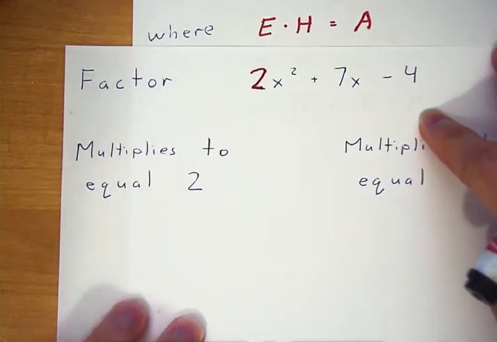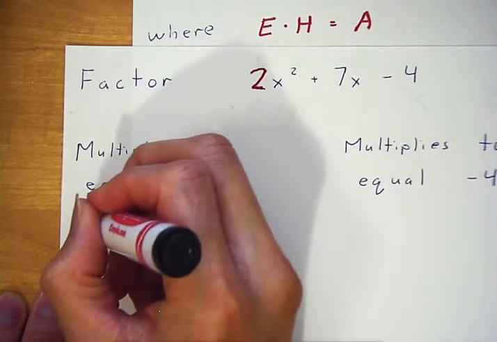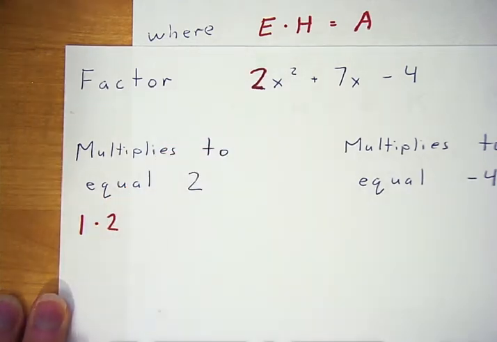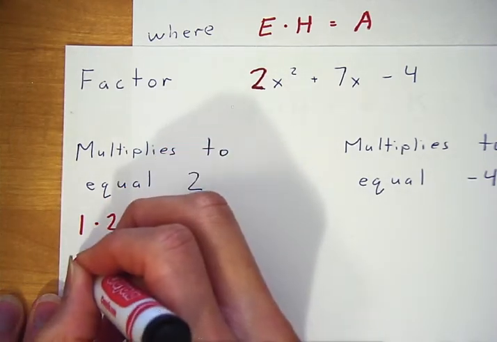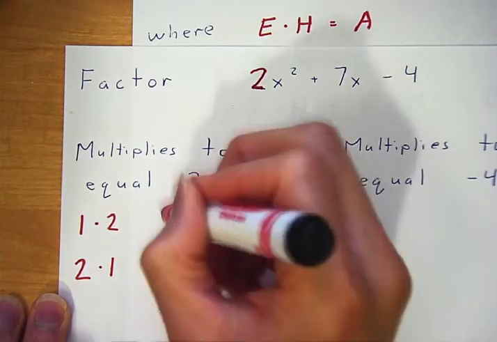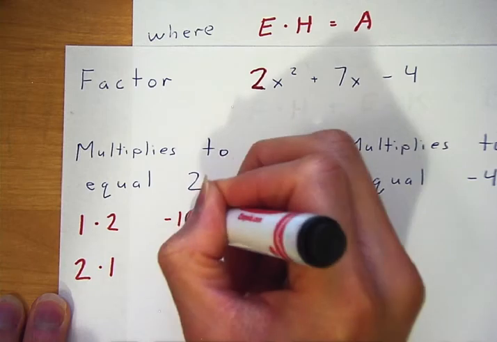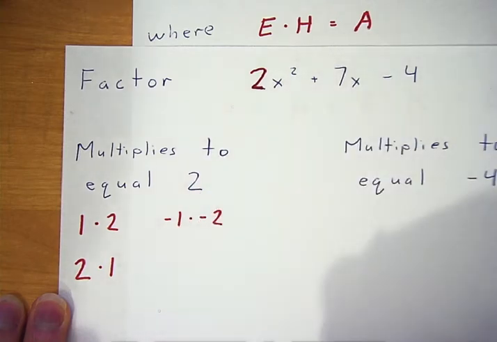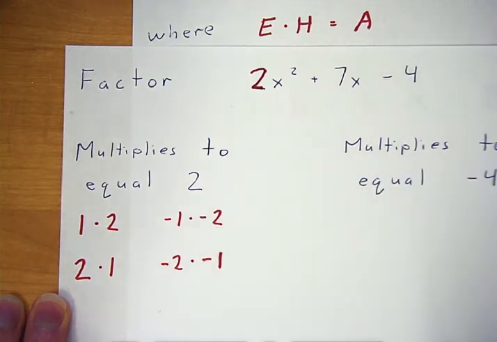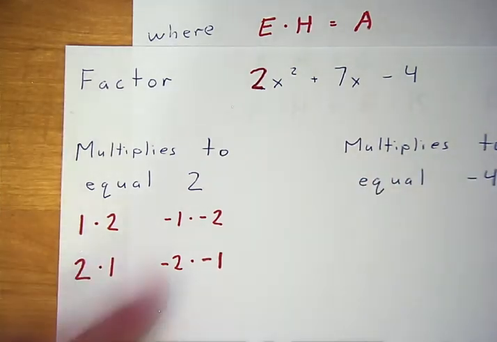You have 1 times 2. You have 2 times 1. You have negative 1 times negative 2. You have negative 2 times negative 1. It helps to keep your numbers organized that way.